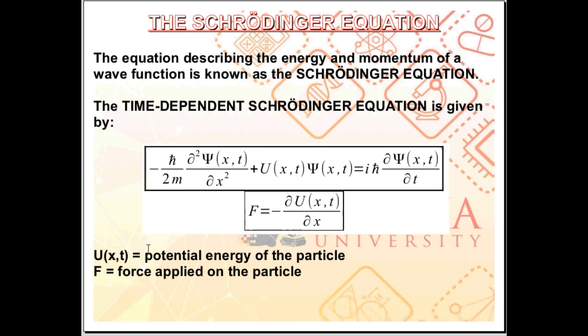U is the potential energy of the particle, whereas F is the force that is applied on the particle.